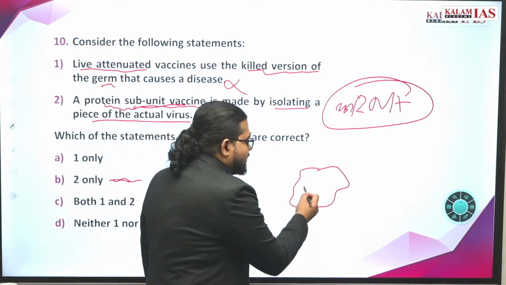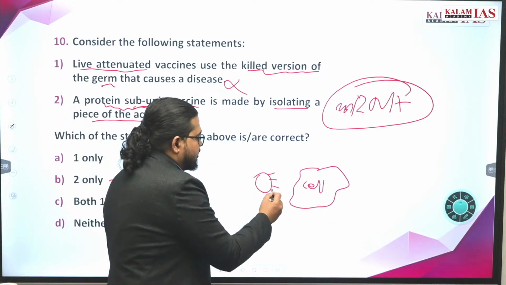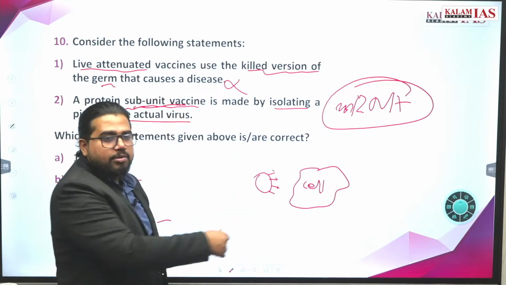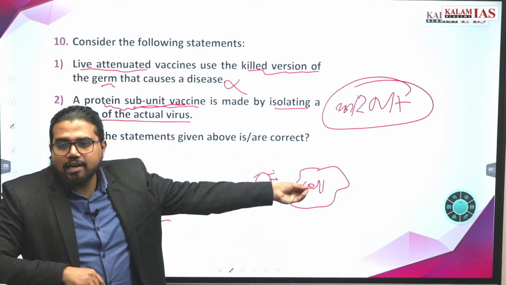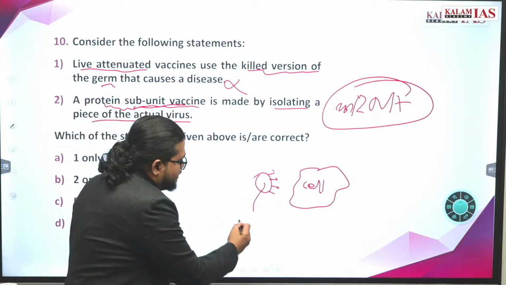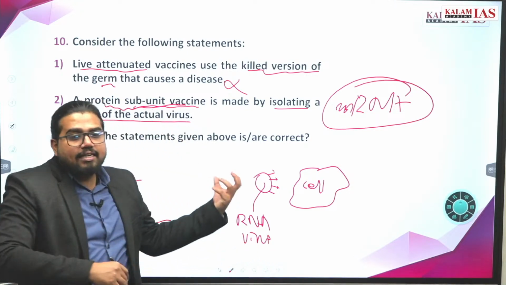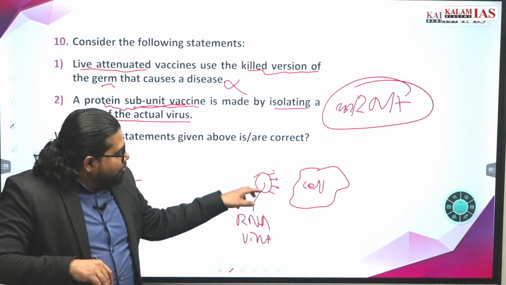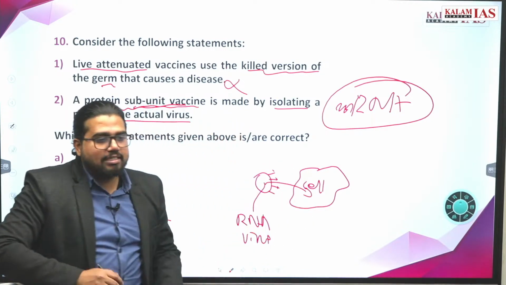The thing is how it works. Suppose this is a human cell. We have coronavirus, something like this, with spikes throughout. Now this virus will come and attack a human cell. It is an RNA virus. This virus contains RNA, and when it attacks a human cell, it passes its RNA to the human cell.